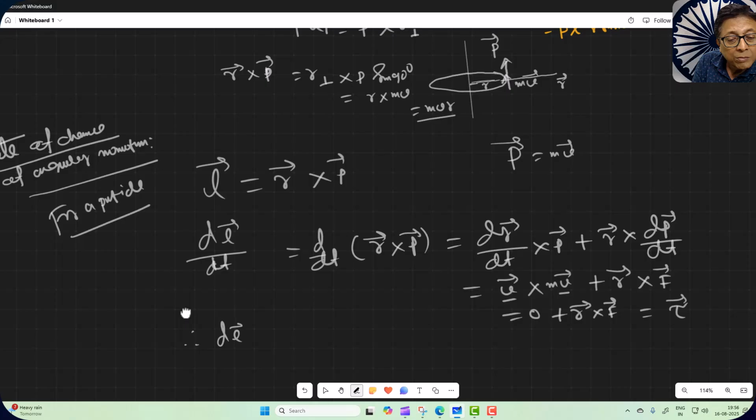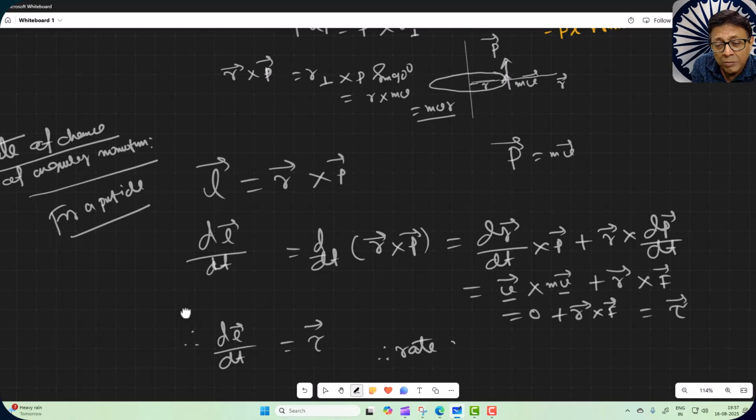Therefore, dL by dt is equal to the torque acting on the particle. So, rate of change of angular momentum, this is for a particle, is equal to the torque acting on it. This is very important to remember.